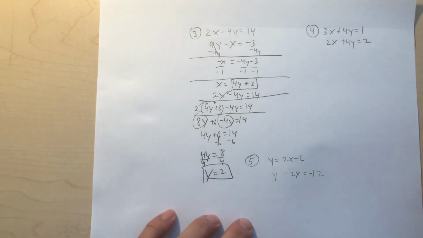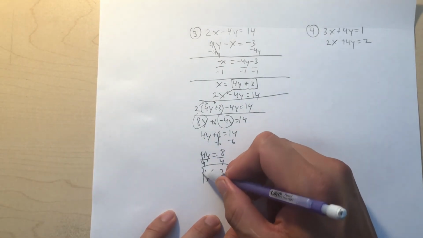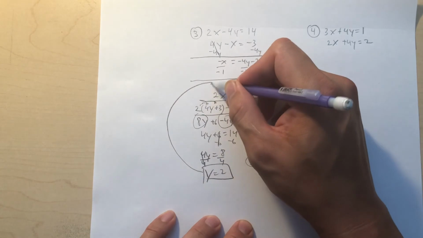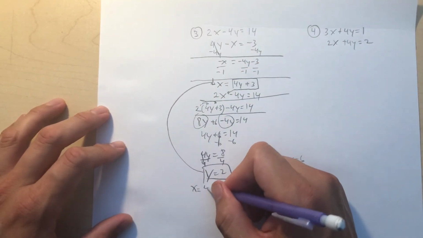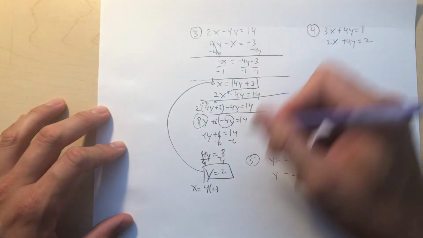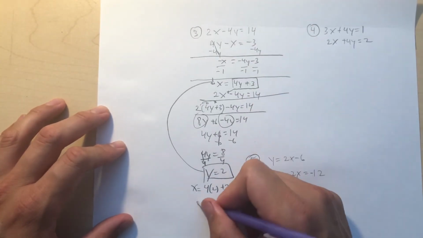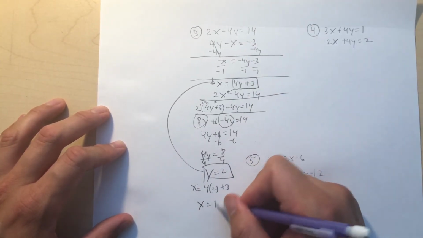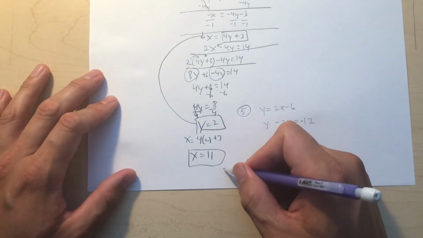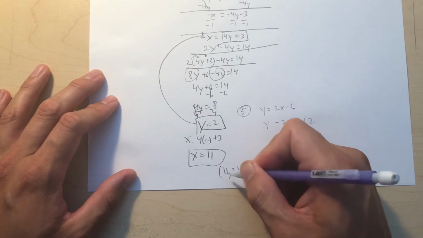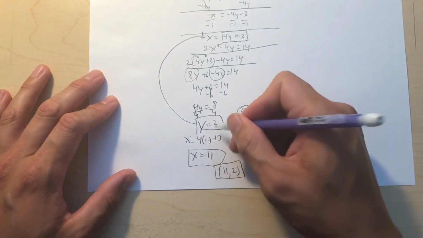Now I'm gonna substitute the 2 back into this one here. That makes it easier. So I get x is equal to 4 times 2 plus 3. X is equal to 8 plus 3, which is 11. My final answer is going to be 11 and 2. It's 11 and 2.